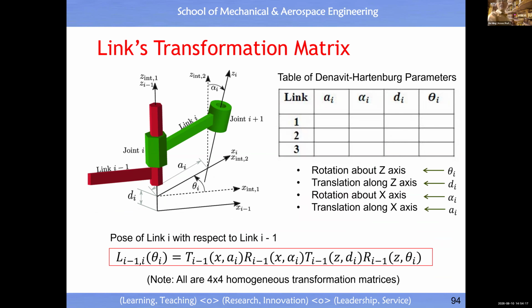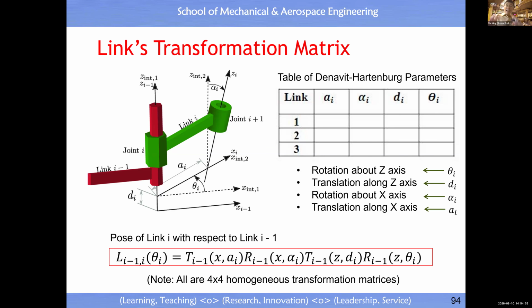Look at the notation: rotate about the z-axis of coordinate system i-1 with angle theta i, followed by translation along the z-axis of the coordinate system assigned to link i-1, then rotation about the x-axis of the coordinate system assigned to link i-1, and lastly a translation along the x-axis of the coordinate system assigned to link i-1.